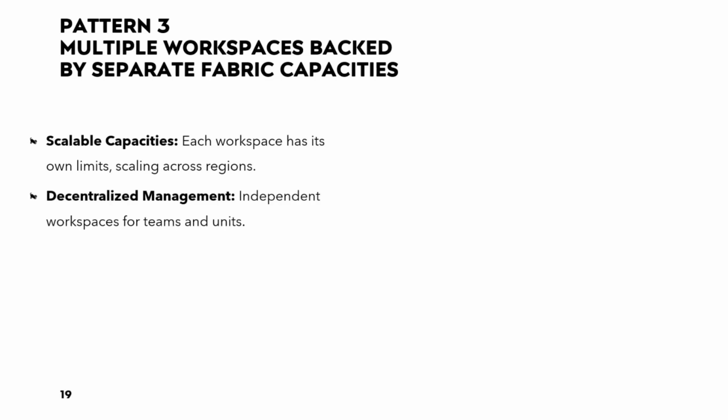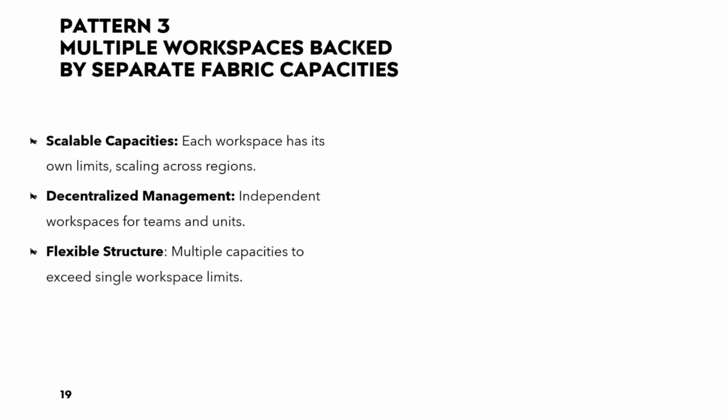It is an independent workspace for each team or unit, depending on how you want to do your separation of work. It allows you to make sure that you can scale beyond any limit that you would need, depending on the work that is being done by those units. It is an exceptionally flexible structure.